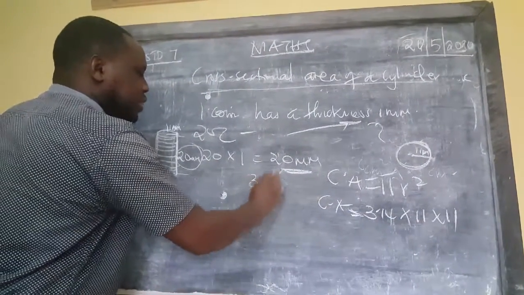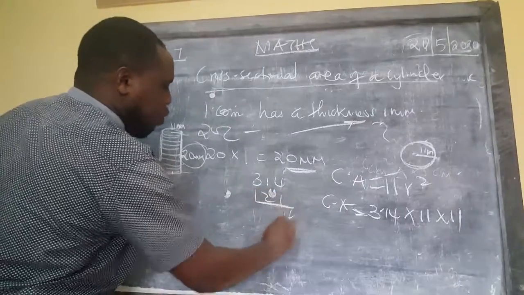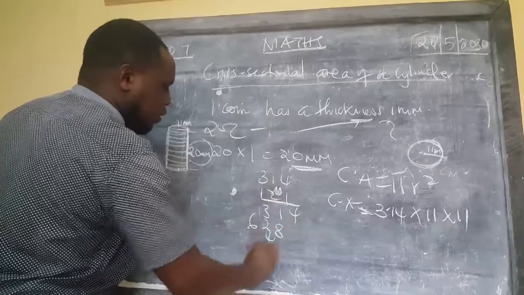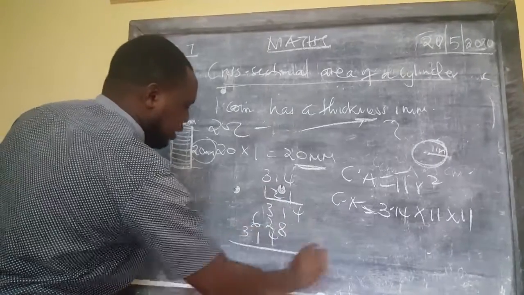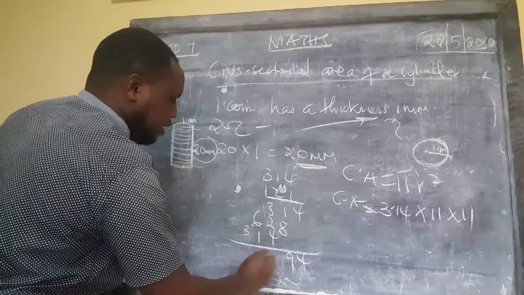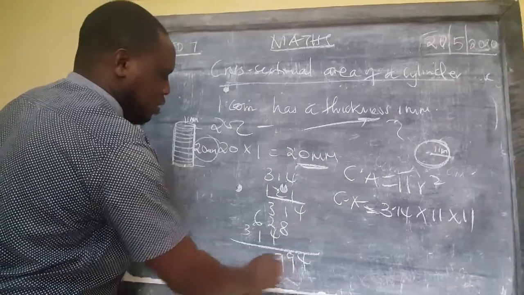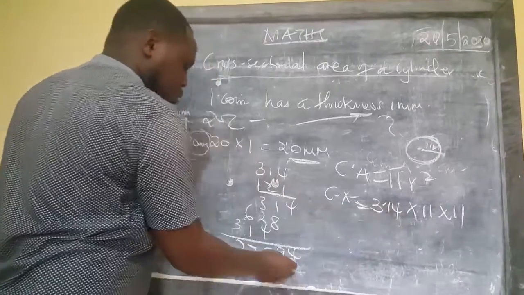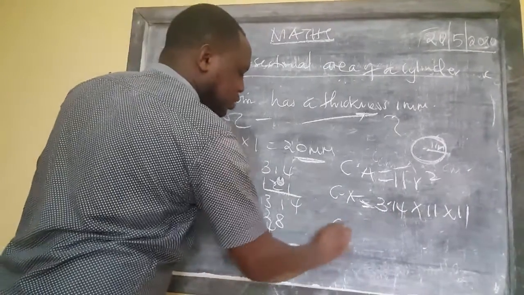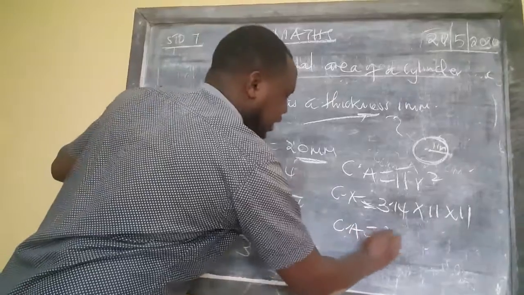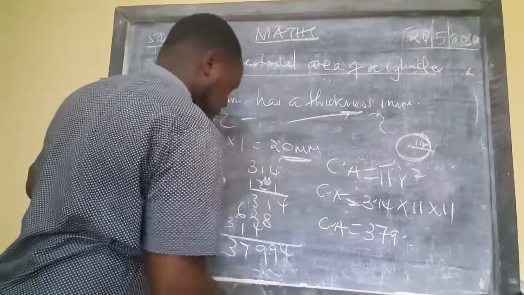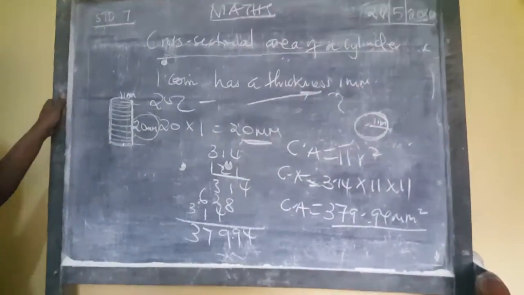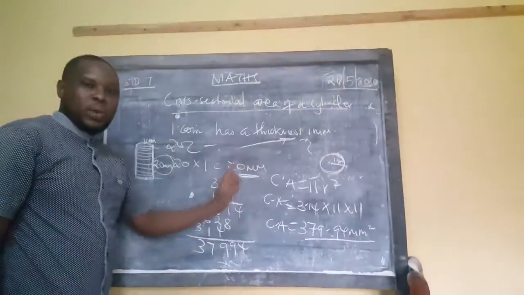So you get 314 times 121, which gives 37,973. Then how many decimal places? We have 2. So you get the cross-sectional area as 379.73 millimeters squared. Remember, we're talking about area, so that is millimeters squared.